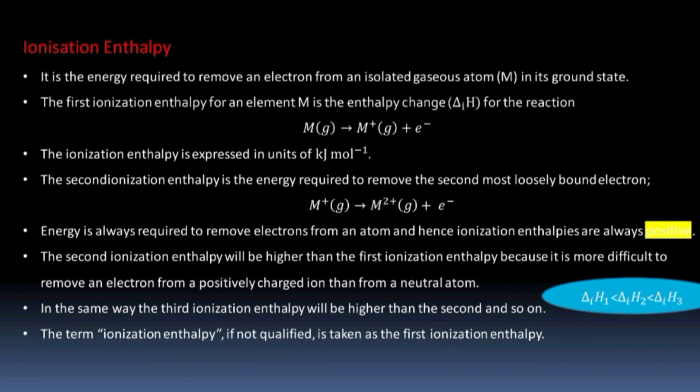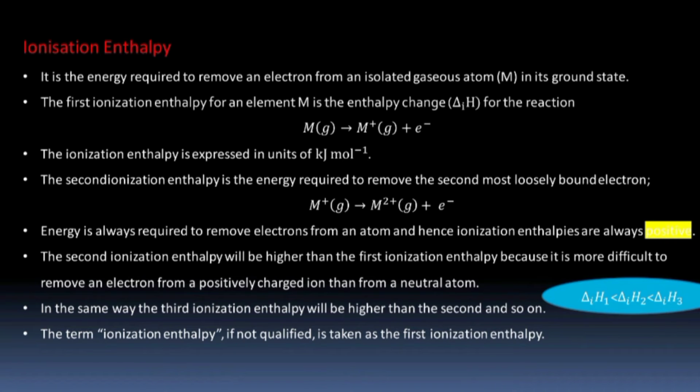Then what is the successive ionization energy? Successive ionization energies are the energies required to eject the electrons from the outermost shell of a gaseous atom in succession, one after another.